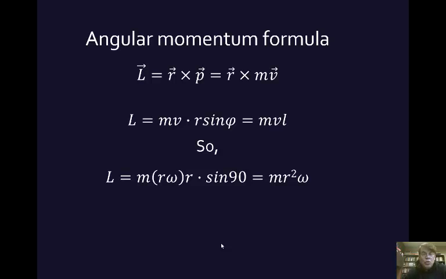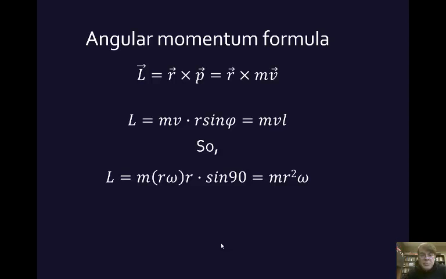And then you'll remember from an earlier part of this chapter that velocity in that kind of situation, something rotating around a center of mass, is r omega, where omega is the angular velocity.